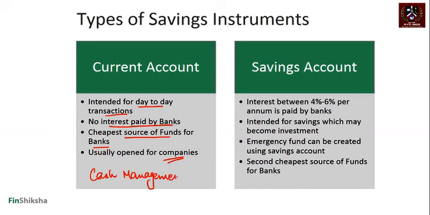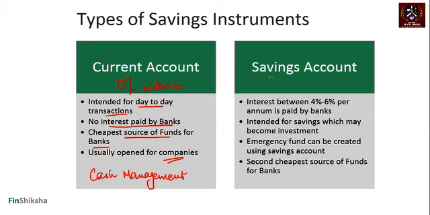If you deposit money and you immediately want to take that money out, that's where current accounts are useful, right? And typically that's why companies have current accounts. Companies are not allowed to open a savings account under their name. So effectively this gives you 0% interest. That's the first instrument. It's technically a saving instrument, but it does not give you any kind of increase in your capital, right? So in a sense, it will not safeguard you against inflationary problems, right?